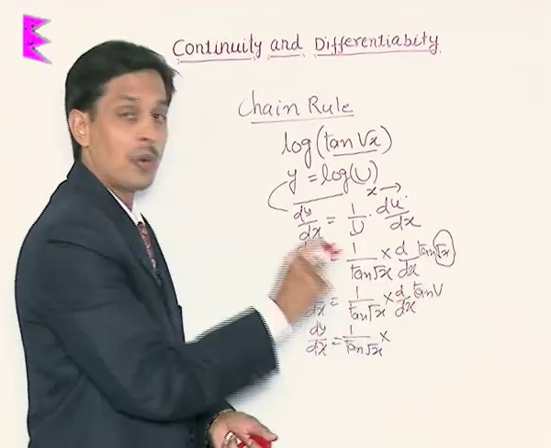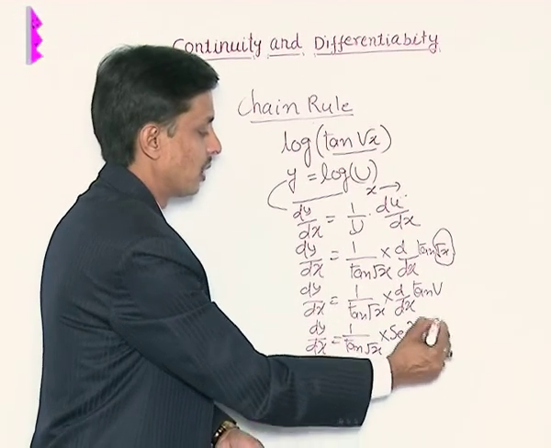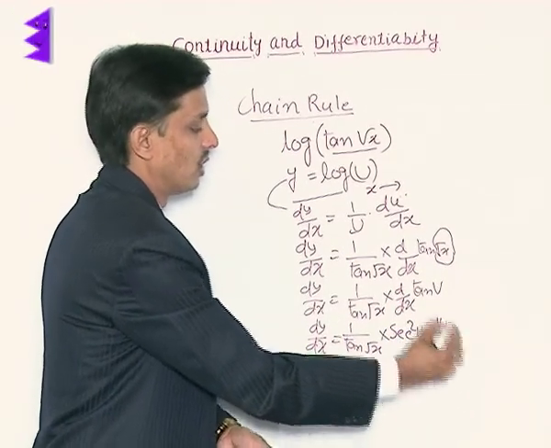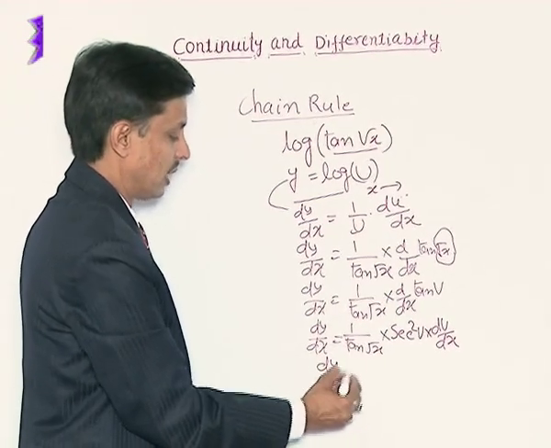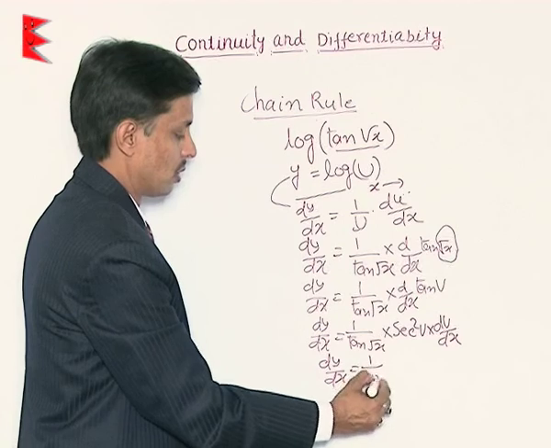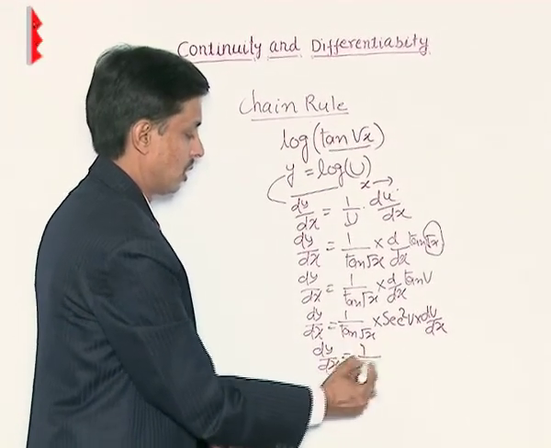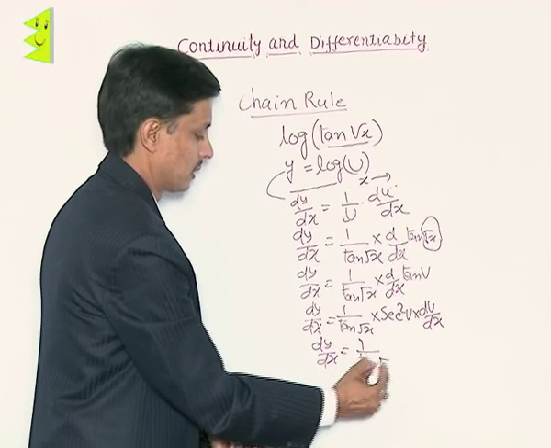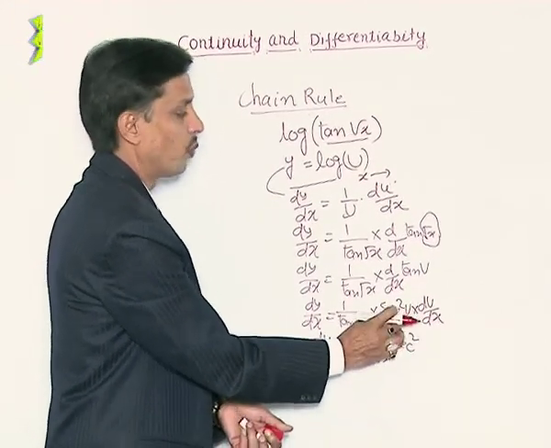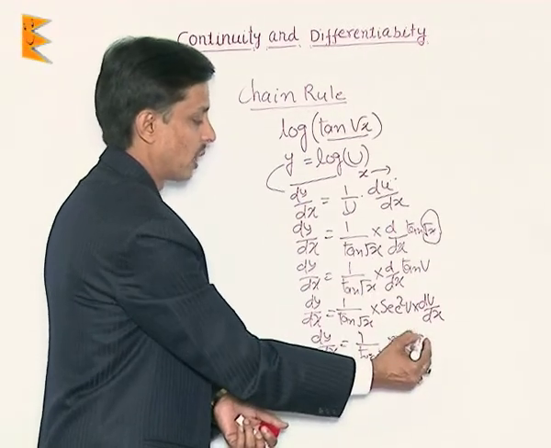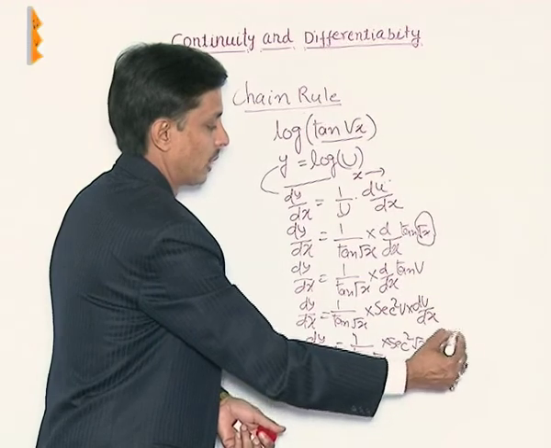So derivative of tan v will be sec square of v into dv upon dx. That's why dy by dx becomes 1 upon tan of root x as it is, into sec square of root x, in place of v, into derivative of root x.